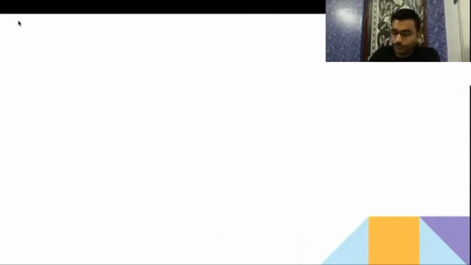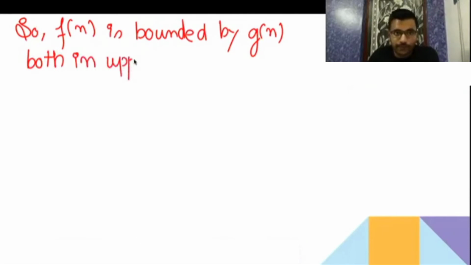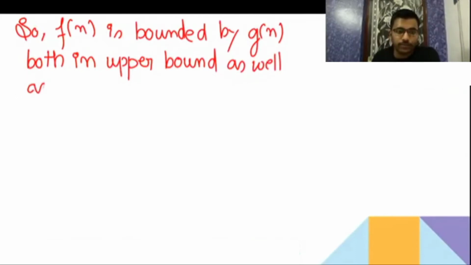So f(n) is bounded by g(n), please write it fast, both in upper bound as well as lower bound.